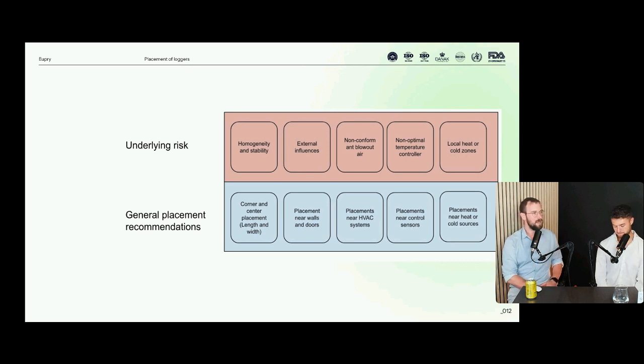So a normal warehouse or a temperature controlled room, not necessarily one that is closely monitored, will have very few variations in terms of temperature. But yeah, it is basically a risk, and also utilizing the information from the manufacturer is often usable.